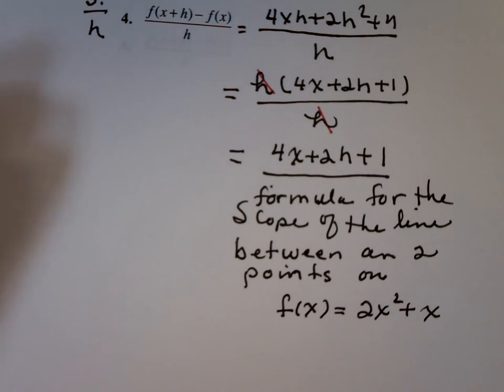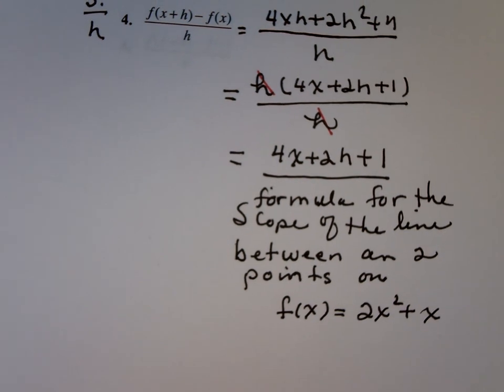You give me 2 x values, because remember what h is. H is the difference of the two x values. I have an initial x value, I have an h, and I can tell you the slope of the line between those 2 points.